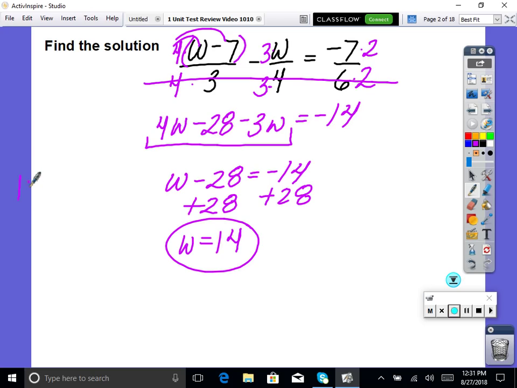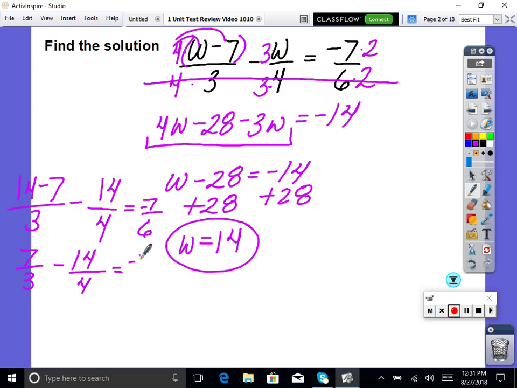So if we did 14 minus 7 over 3 minus 14 over 4, it should come out to be -7/6. You would have to be able to do this one by hand. That's 7/3 minus 14/4 equals -7/6. Then we need a common denominator right here.